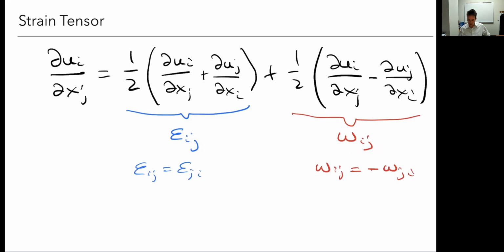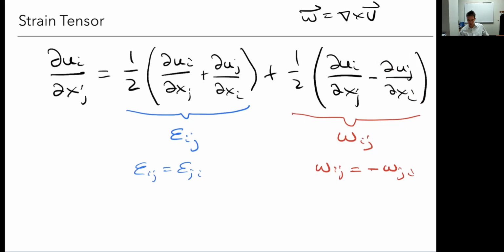The reason I call this the vorticity is that these components are the vorticity components. And recall that vorticity is the curl of the velocity. It's also twice the angular velocity. So in other words, it's associated with rotation.